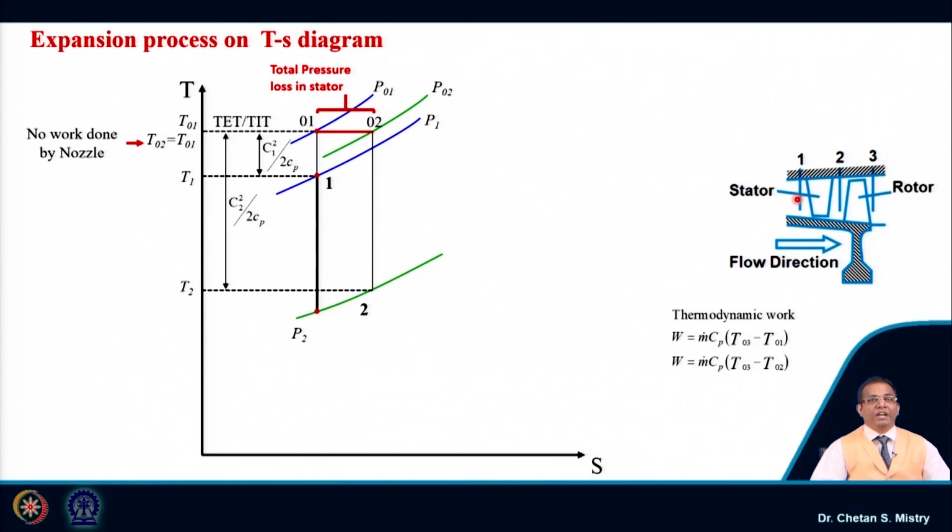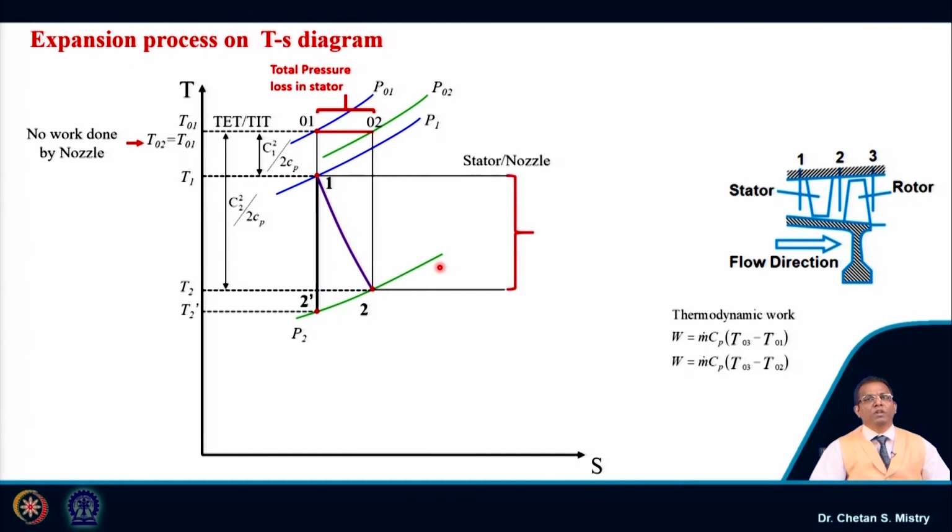If I connect points 1 and 2 dash, that represents the isentropic expansion happening inside my nozzle vane. And if I connect these two, from 1 to 2, that represents my actual process. So you can understand this delta S we are observing is nothing but the irreversibility associated with the process.